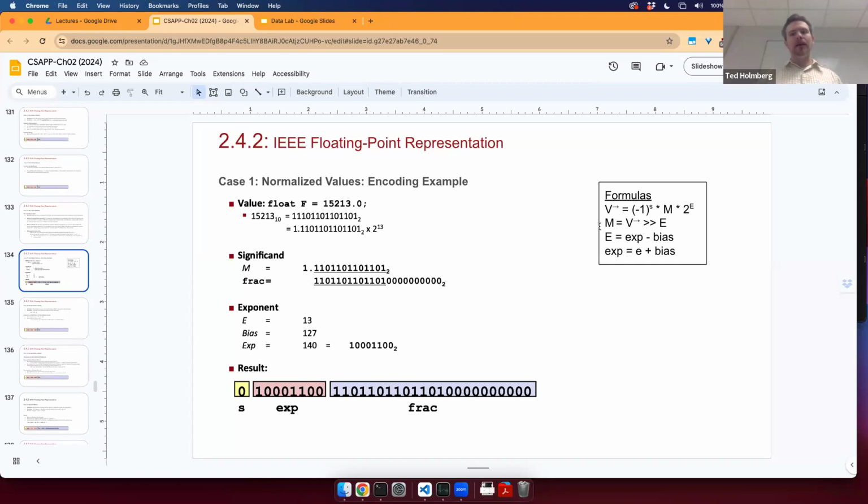And so if we look at our formulas here, let's take a look at the formulas on the right-hand side and then map it to the actual example here, so we can translate what's happening step by step.